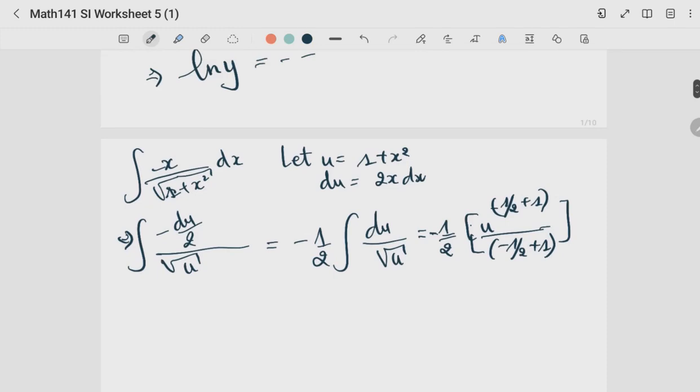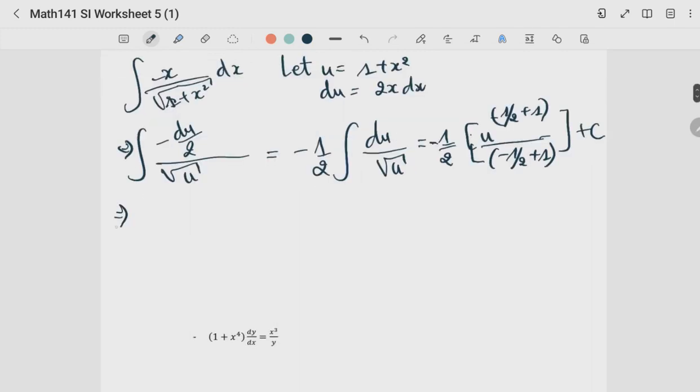Obviously, we'll introduce the constant of integration as well, plus c, right? So then this is equal to, negative half plus 1 is just half. And that half here is going to cancel with that half there, so we'll be left with minus root of u plus c.